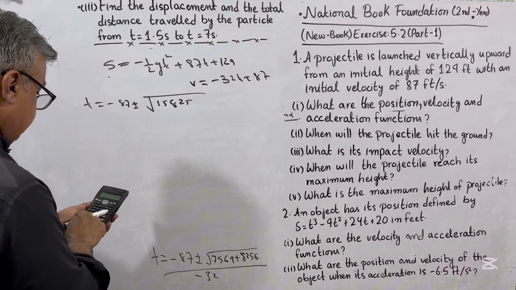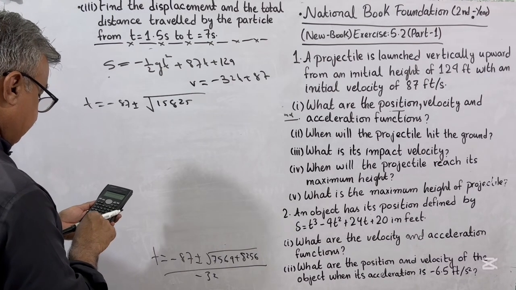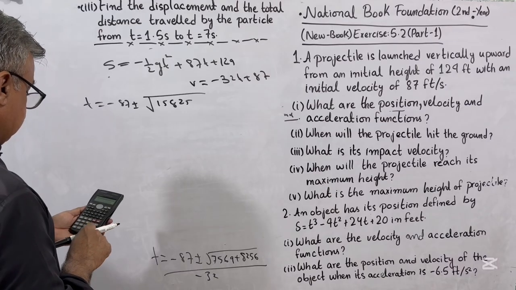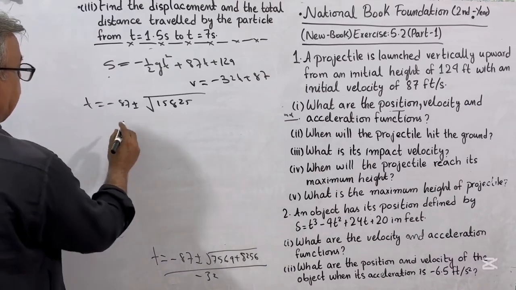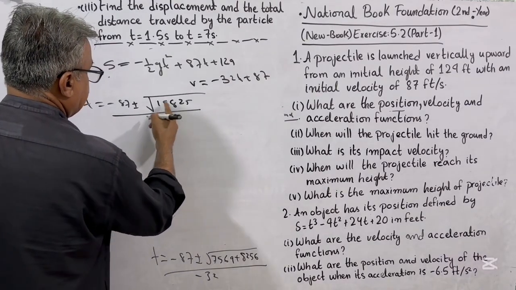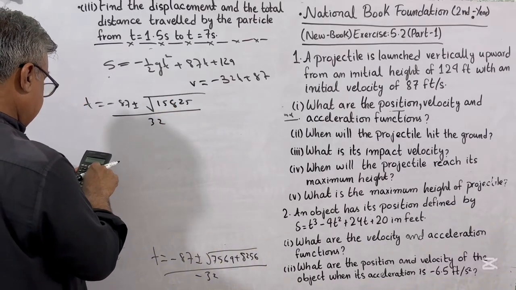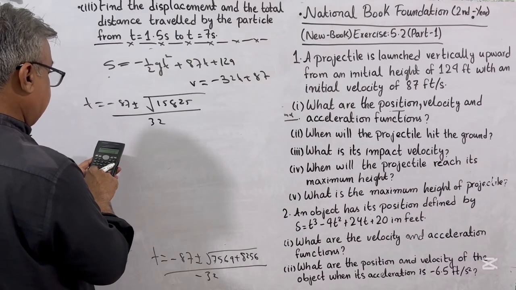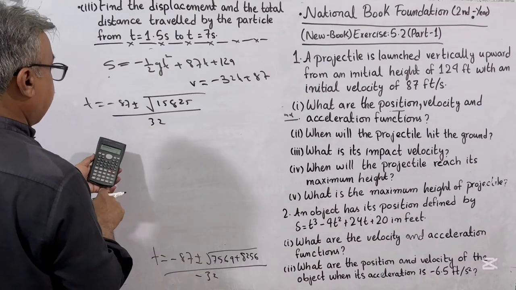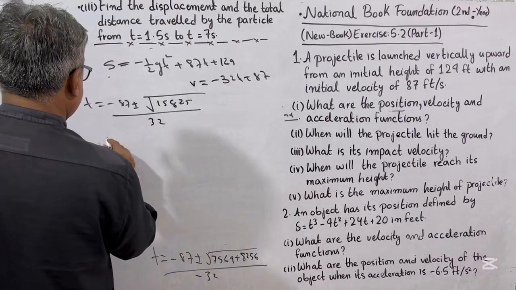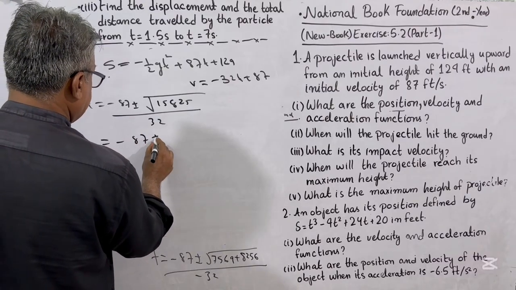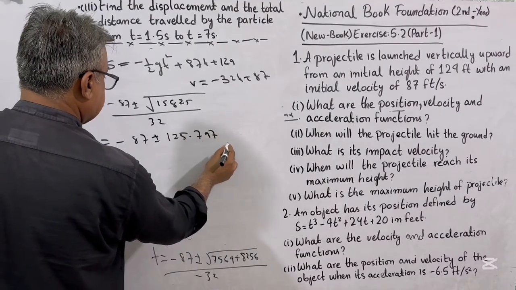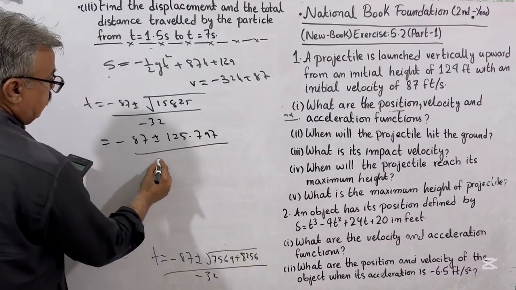Let me verify again: 7569 plus 8256 is 15825. Divided by negative 32. The square root of 15825 is 125.797. So it is minus 87 plus or minus 125.797, divided by minus 32, if I am not wrong.